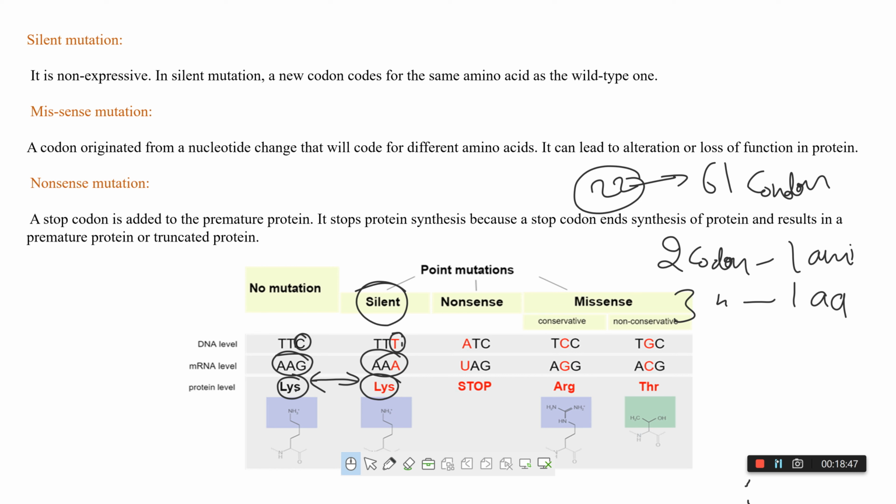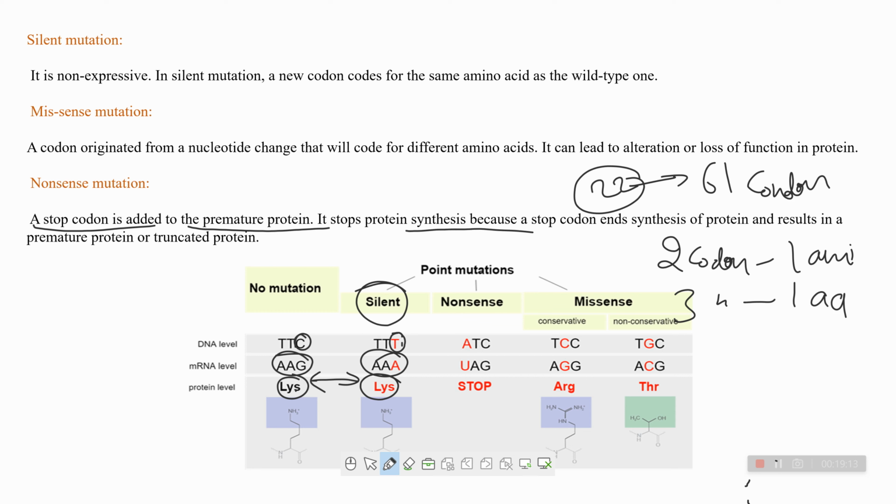Okay, next is our nonsense mutation. Nonsense mutation means when we add or alter a nucleotide, and that nucleotide codes for a stop codon, right? If that nucleotide codes for a stop codon, then that is known as nonsense mutation. A stop codon is added to the protein.